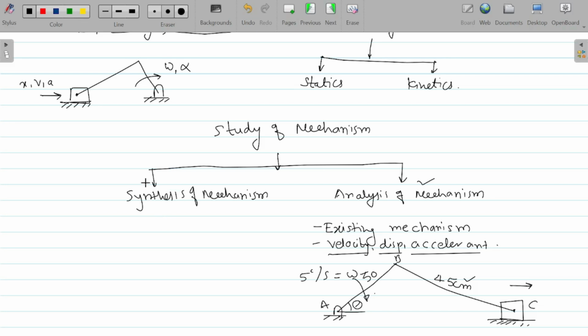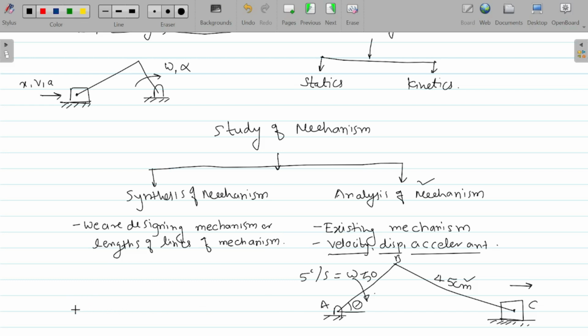Now synthesis of mechanism is exactly the reverse of it. In the synthesis of mechanism, what we are doing is designing the mechanism or lengths of links of mechanism. The same example I will consider over here.